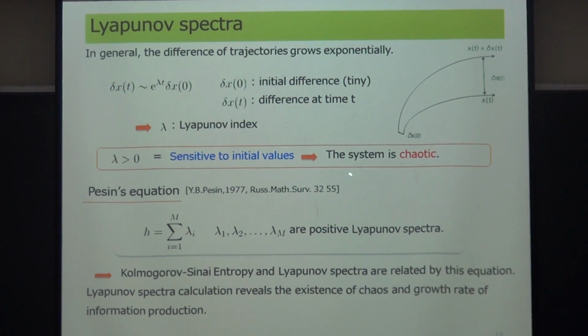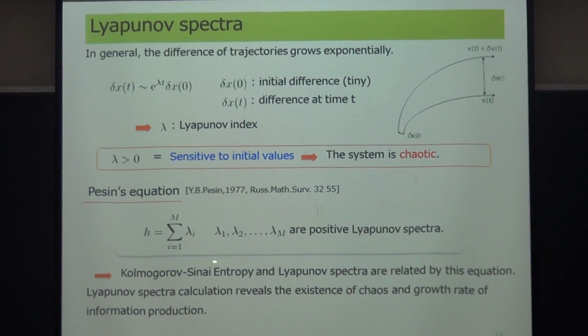And please note that we can get Lyapunov spectra for a system of any dimension, because we can measure sensitivity to initial values for each direction. And an important equation for Lyapunov spectra is the Pesin equation.